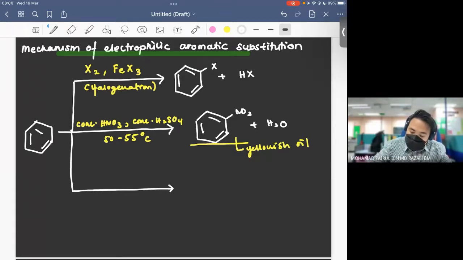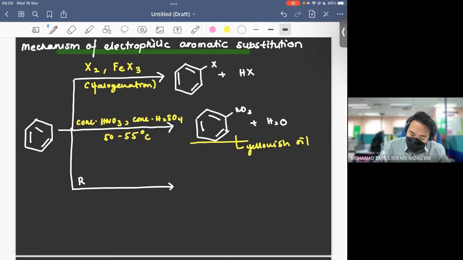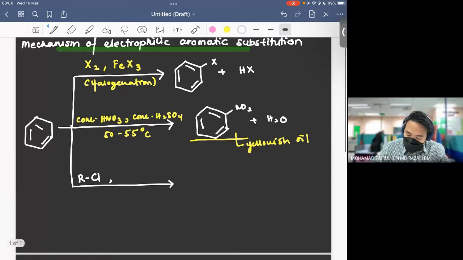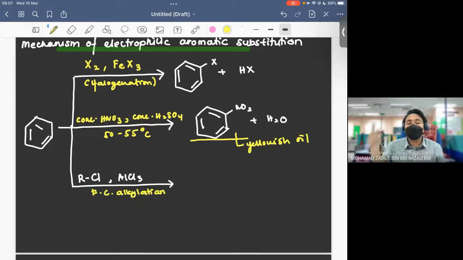Okay, so the third reaction that benzene can undergo is, it can react with alkyl chloride, normally alkyl chloride lah, with the presence of aluminium chloride as the Lewis acid. The name of the reaction is Friedel-Crafts alkylation. So kalau Friedel-Crafts alkylation bermaksud we are going to add alkyl group, R group to the benzene. So kita akan produce alkyl benzene, that means the benzene directly bonded to R group, plus HCl as our byproduct.